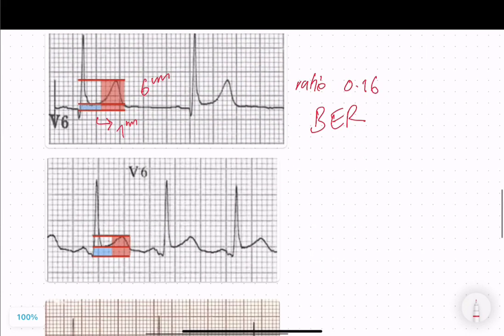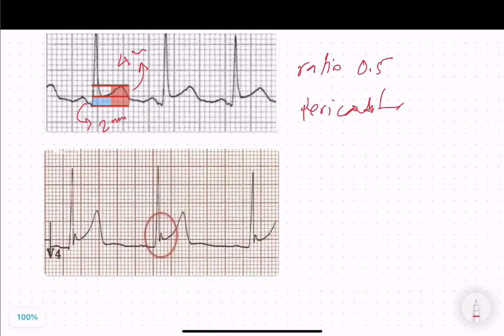In this example, ST segment height is about 2 mm, T wave height is 4 mm. The ratio is now 0.5, so it's pericarditis. Easy peasy.